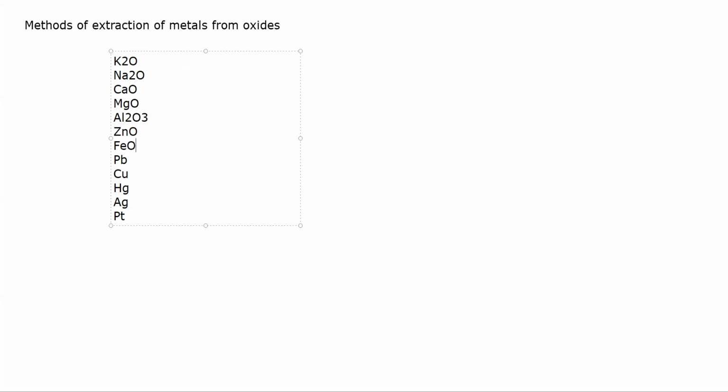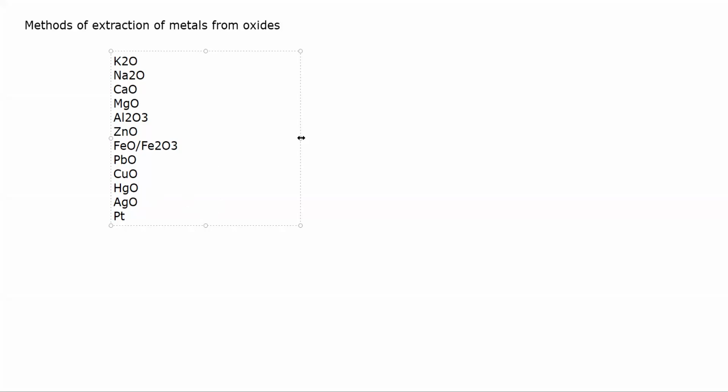Iron 2 will be FeO and iron 3 will be Fe2O3. Lead oxide, PbO, copper oxide, mercury, silver, gold, and platinum. But normally silver oxide is a layer instead of the whole compound.